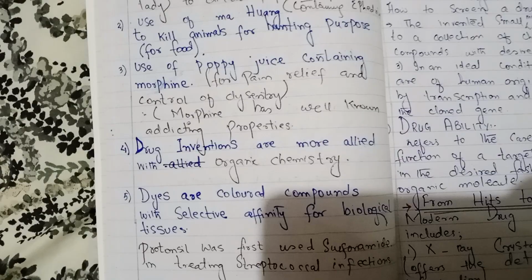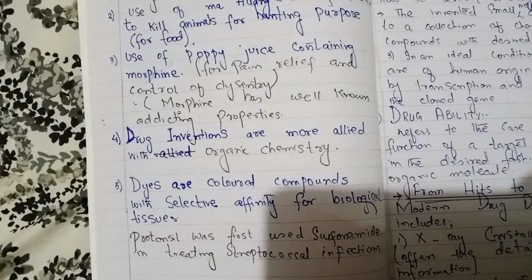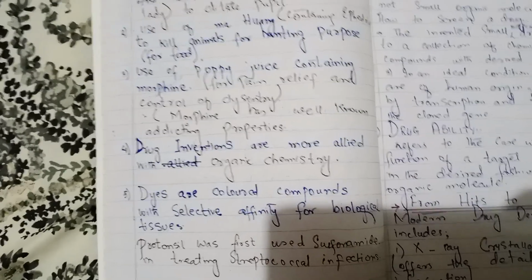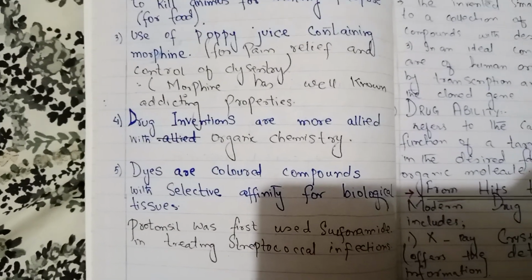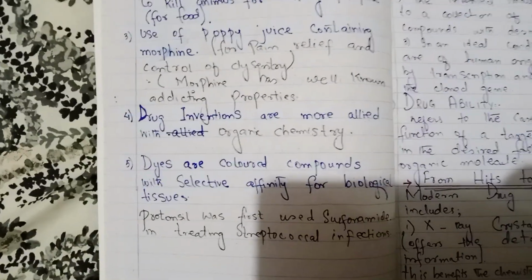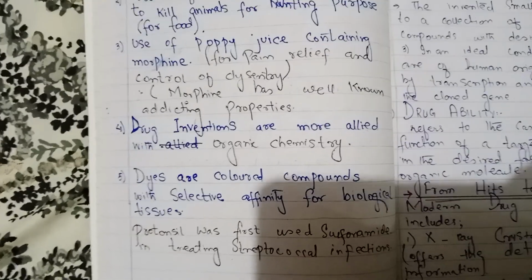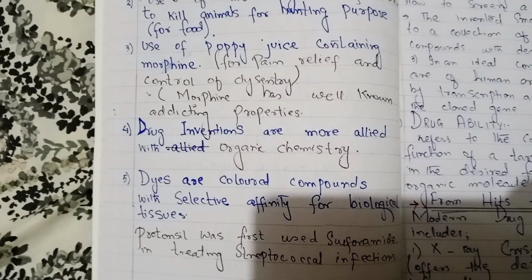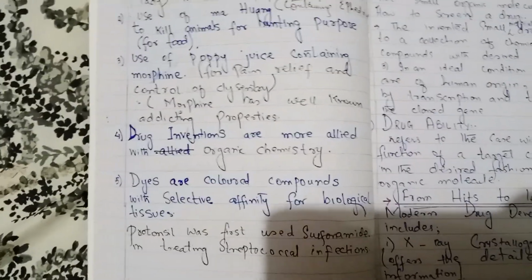That means when you are inventing a drug, you are going to unite upon organic chemistry. Dyes are colored compounds with selective affinity for biological tissues. Here in GMGM, it has been mentioned that dyes are used from past experiences and in the past years.